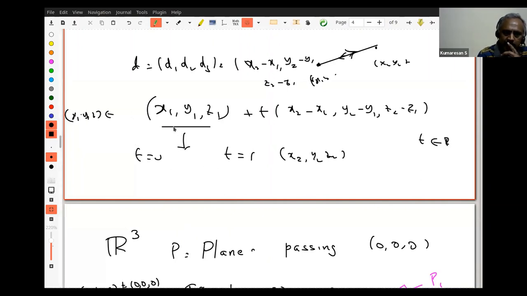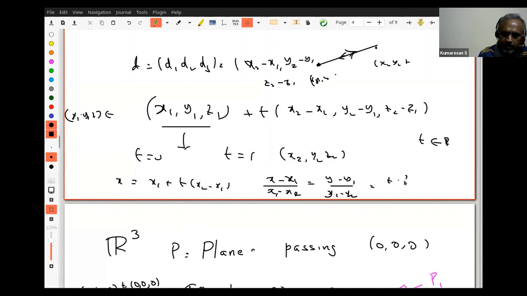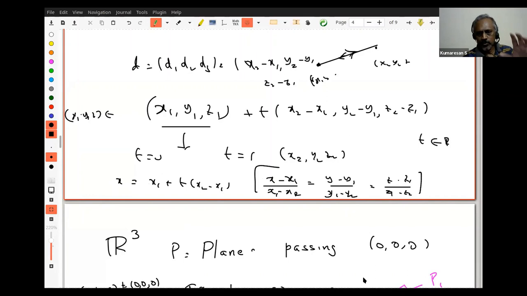That means x must be equal to x1 plus t times x2 minus x1, etc. Therefore, the equation is x minus x1 by x2 minus x1. If you want, I can write x1 minus x2 also, because everything will be negative, equal to y minus y1 by y1 minus y2, equal to z minus z1 by z1 minus z2. Now this is the equation of the line passing through 2 points x1, y1, z1 and x2, y2, z2.